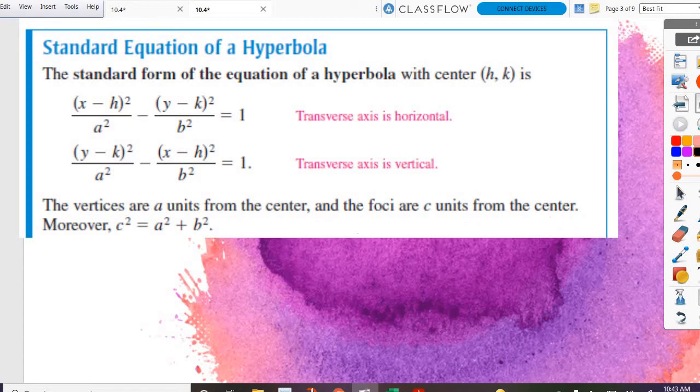The other big thing that we need, so we talked about that the vertex is A units from the center. The foci are C units. And we have another equation that relates A, B, and C together for us.